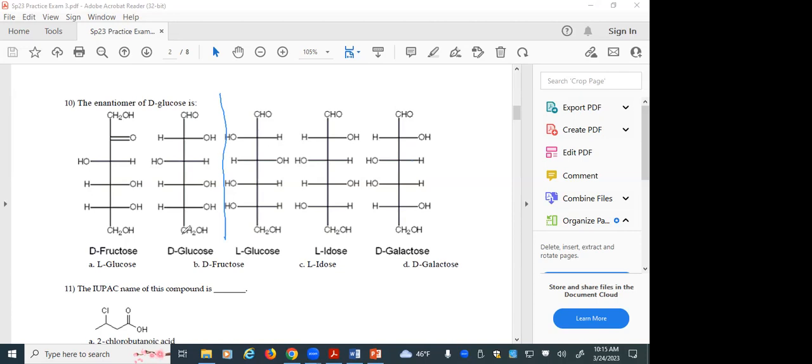The only difference with these mirror images is that they're non-superimposable. So if I were to drag this L-glucose on top of the D-glucose, the groups wouldn't match up. They are mirror images, but they don't line up with each other.